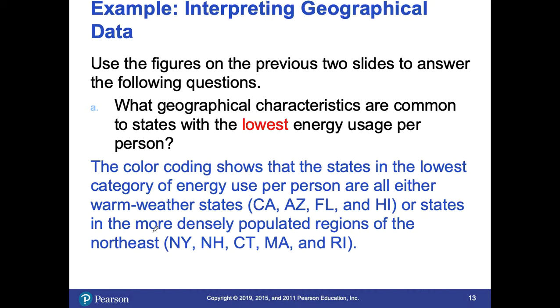Because in warm weather states, we're not needing to crank up the heater. Now, in the summer we might use the AC more, but also in more densely populated areas, you're not using as much energy per person.